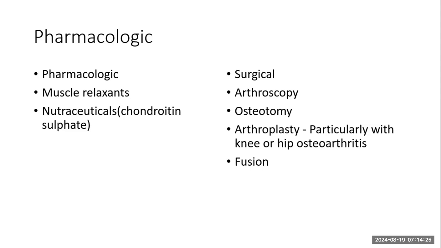Surgical, we can have arthroscopy, osteotomy, arthroplasty. And then finally, fusion. Fusion is when there is a failure of arthroplasty, and then you have to fuse the joints together. It actually relieves pain, but over time, the friction in between the joints makes the intervention not a good option for such a patient.